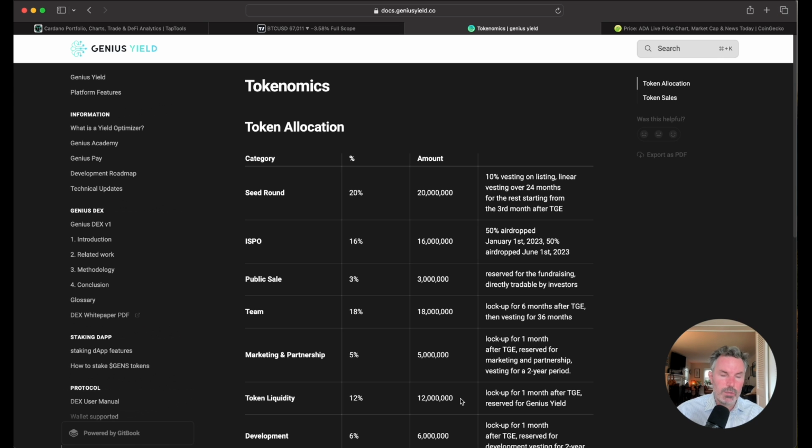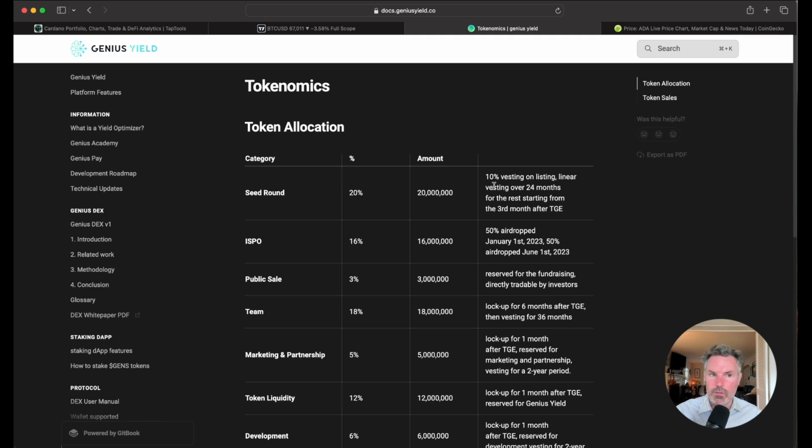So it's always advantageous to capture the incentives with a project in the very beginning, in the first couple of years, because that's when the tokens are coming out at a bigger rate. And so we have the seed round, 20% of the tokens. So 20 million came out in the seed round, and then it tells you the vesting.